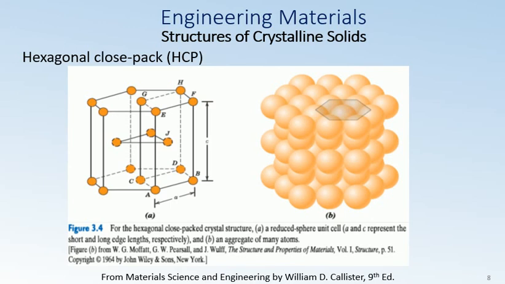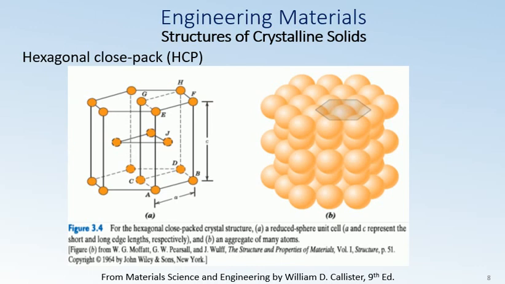So this is actually a regular hexagon, and each corner has an atom, and then there is an atom present in the center of this hexagon on the top and the bottom side, and then another plane of atoms, that is 3 atoms, lies in between the top and bottom planes, and this constitutes a hexagonal unit cell or hexagonal close pack crystal structure.